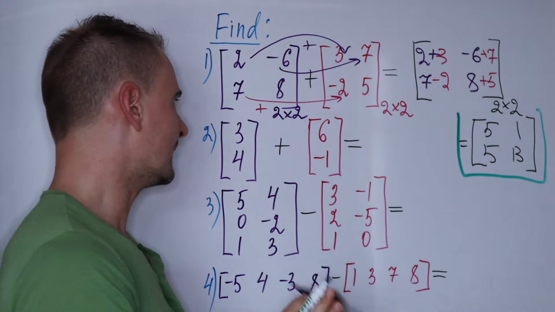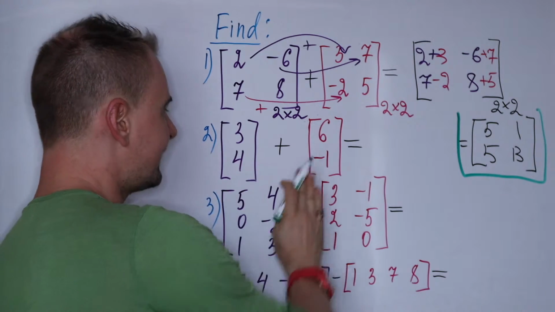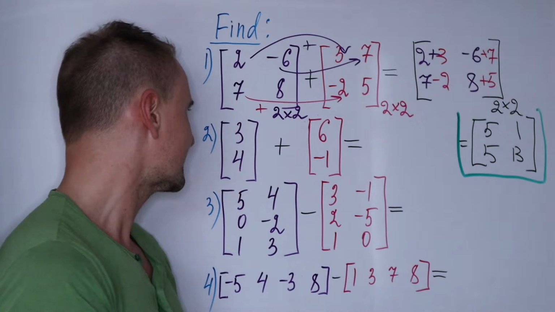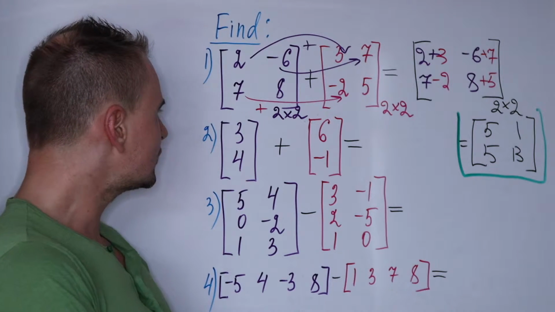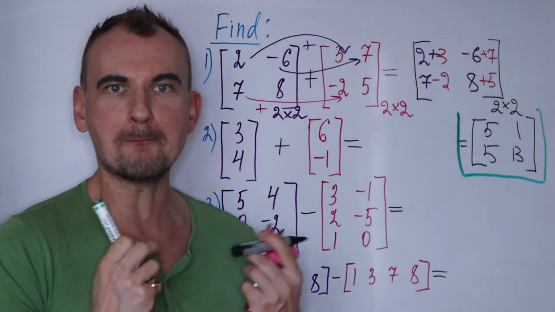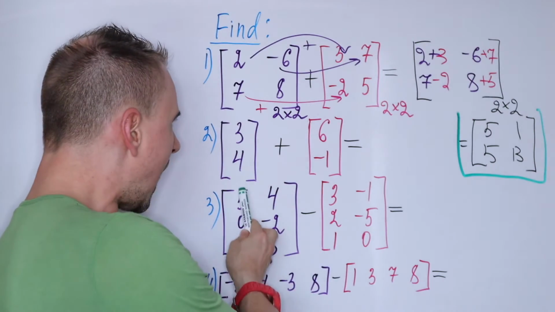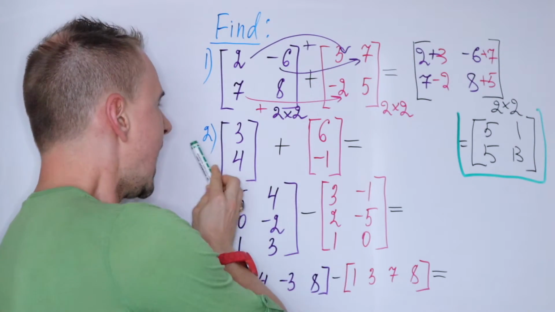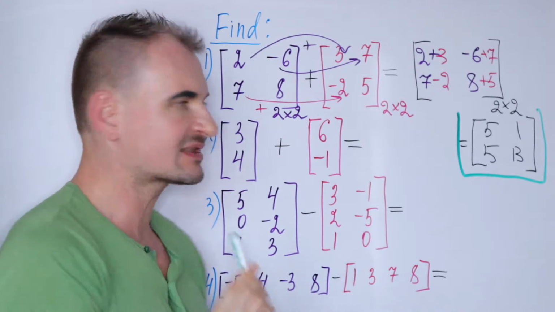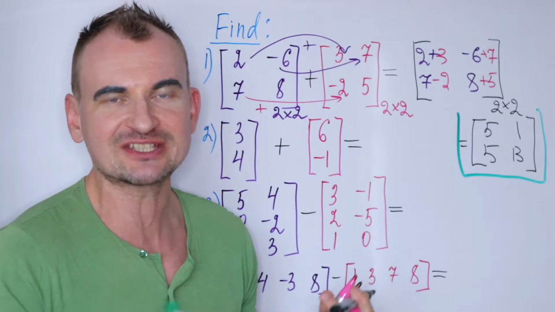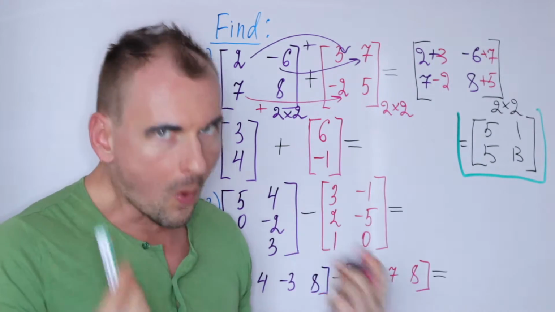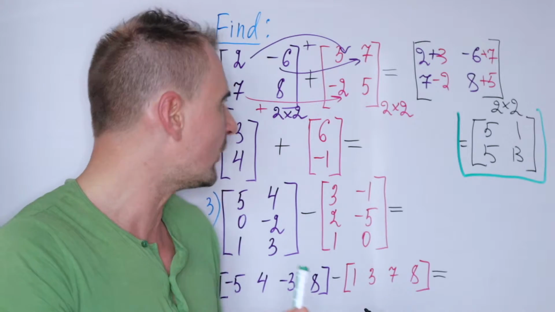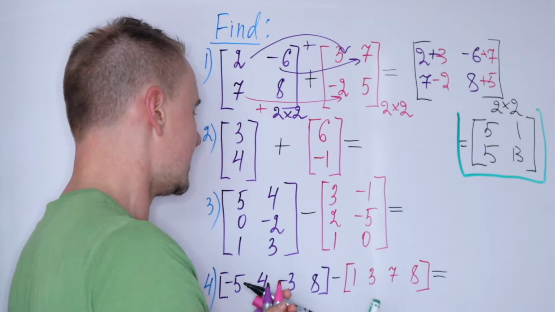Now, moving on. Say you have these two matrices, and it happens to be just a column matrix. You have only one column and 2 rows. So this kind of special type of matrix is sometimes called a column matrix. Anyway, the same idea.